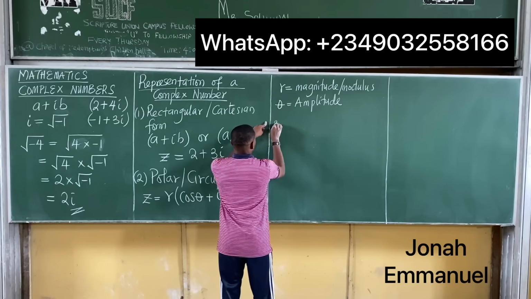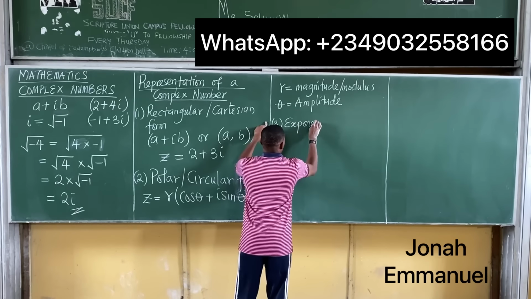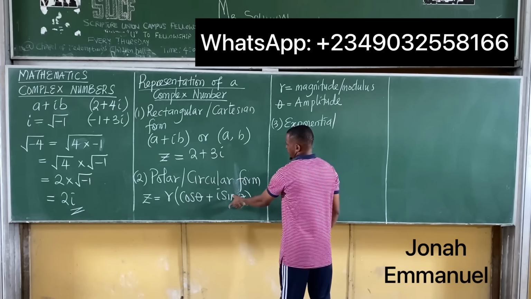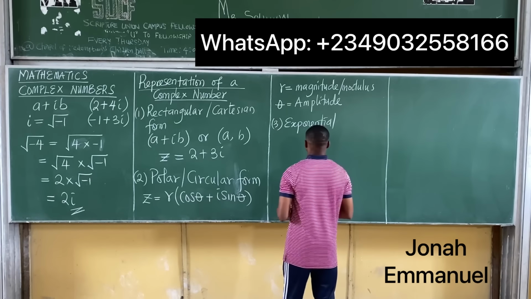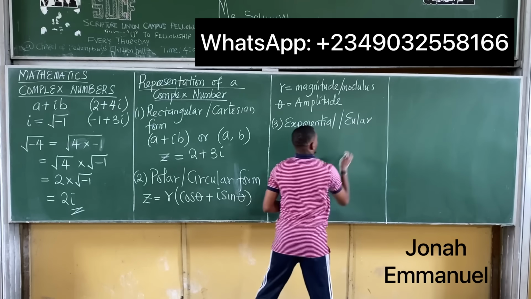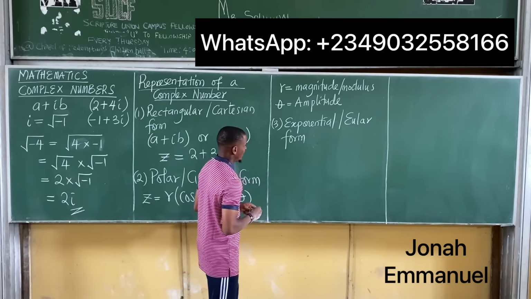The third form is called the exponential. We'll give examples of this much more later. The third form is called the exponential or the Euler's form of representing complex numbers.